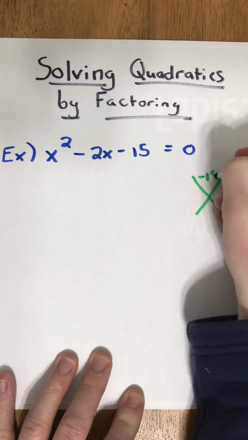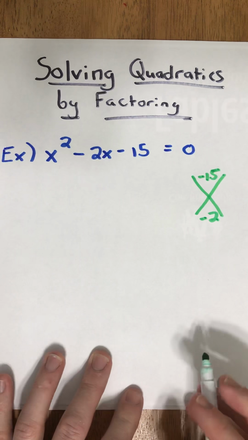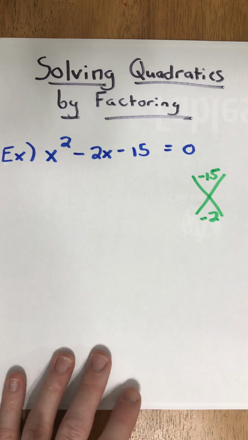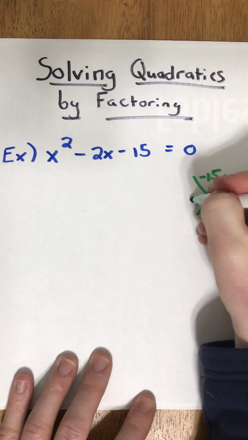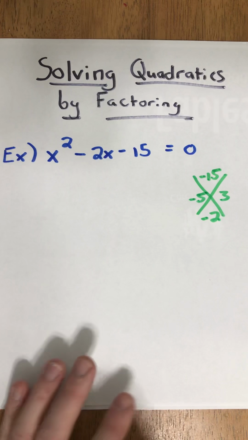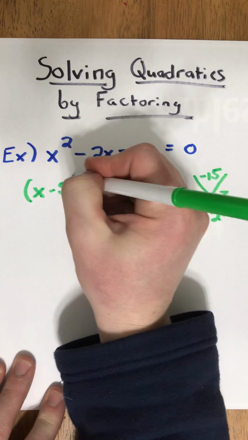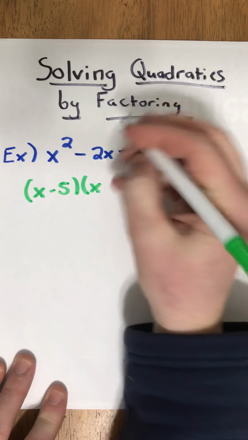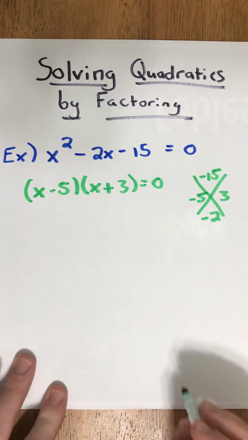I put a negative 15 on the top and a negative 2 on the bottom. I'm looking for two numbers that multiply to negative 15 and at the same time add to negative 2. In this case, I'm going to get negative 5 and positive 3. So I'm going to have x minus 5 and x plus 3 is equal to 0.